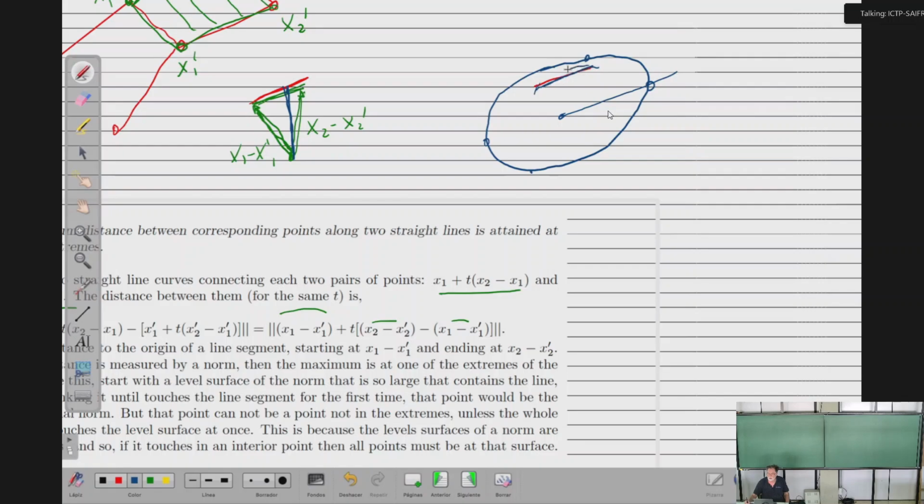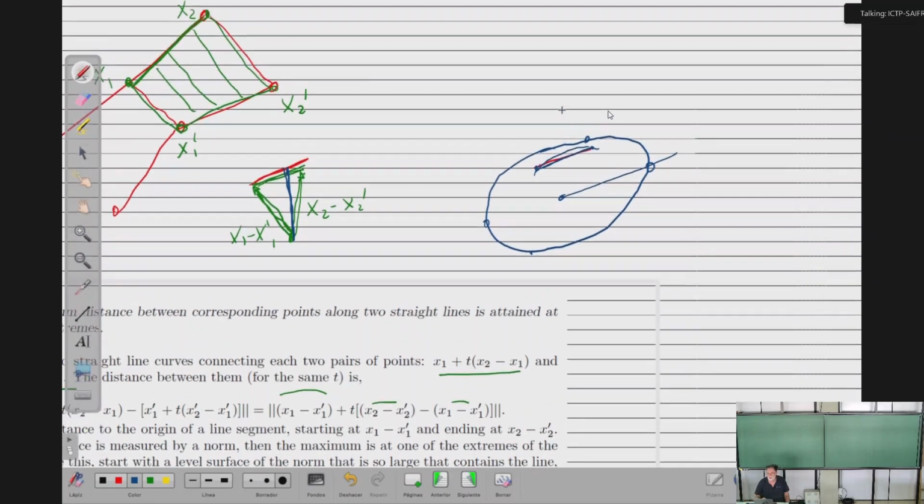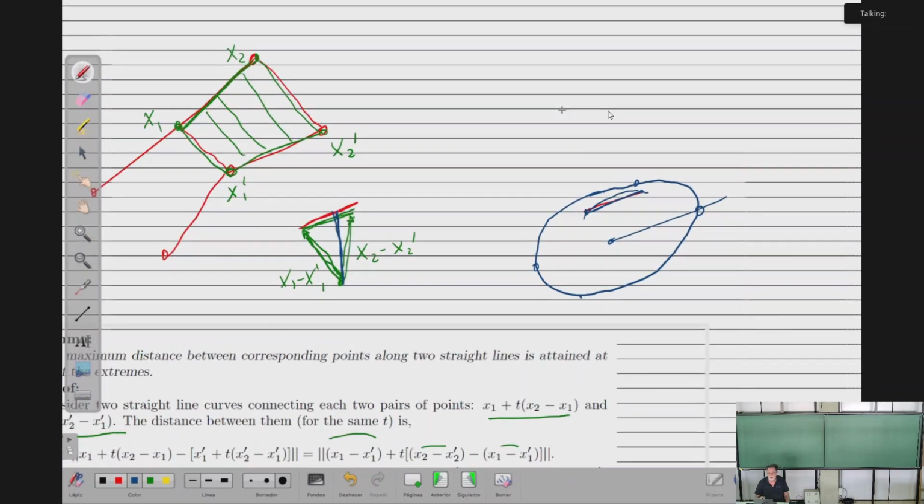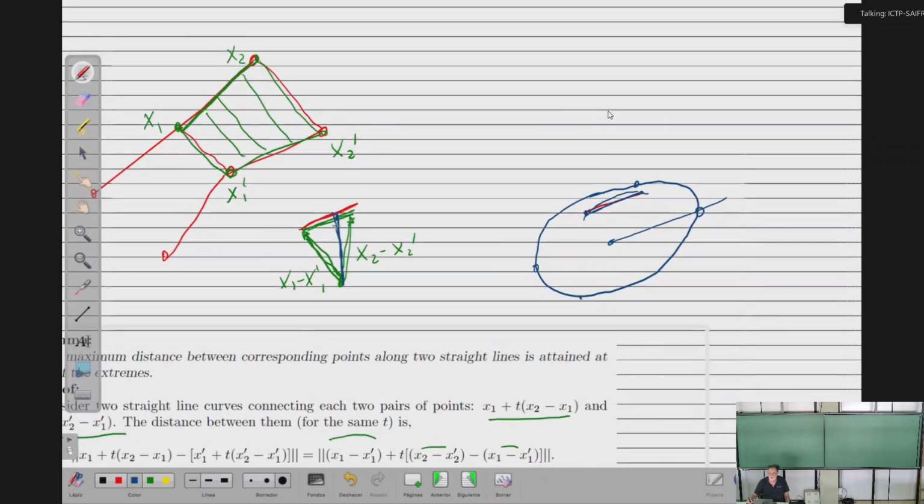And all these points are going to be inside. Why is that? Because it's convex. So if this point is inside and this point touches, then the whole segment has to be inside. So this tells me, whatever norm I take, because of convexity, the extremal points are the ones that will give me the maximum, one or the other.